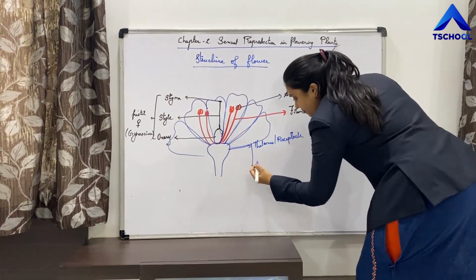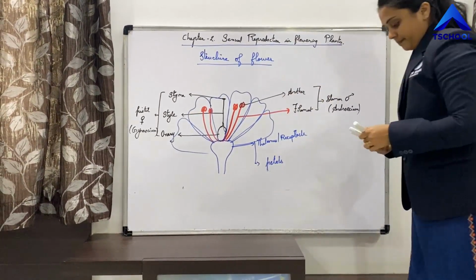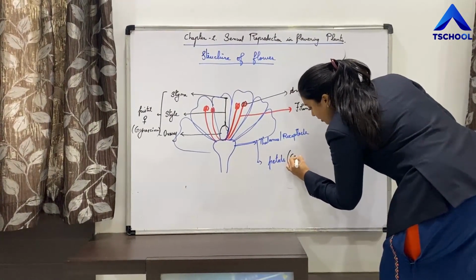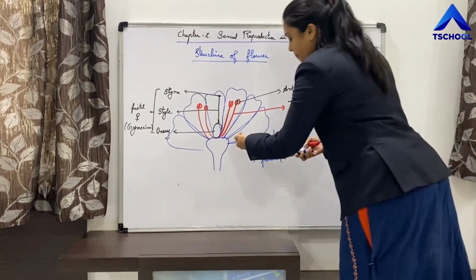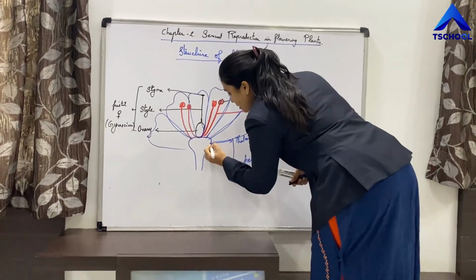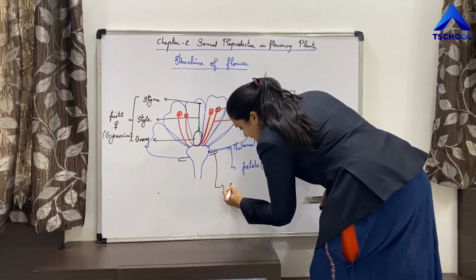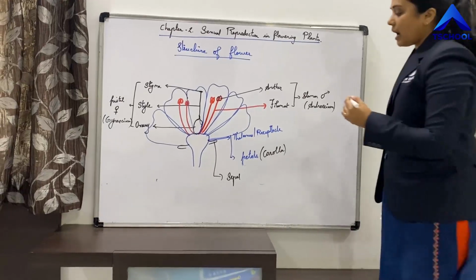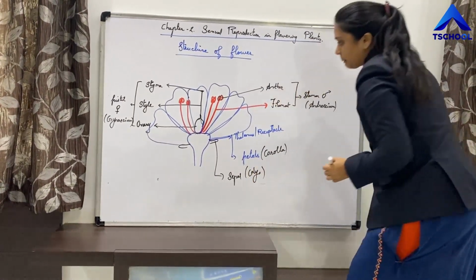These whorls are called petals, and all the petals together are called corolla. Beyond it is one more whorl which is called sepal, and all the sepals together are called calyx.